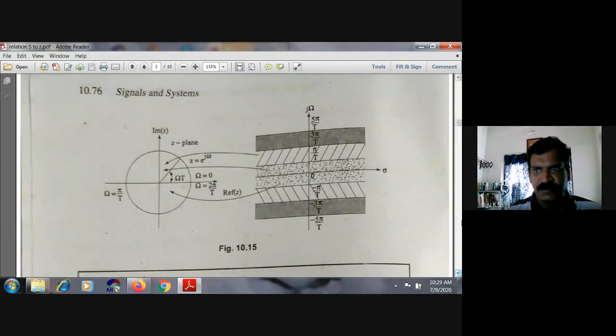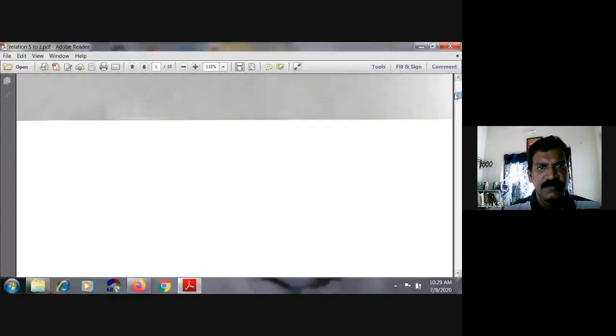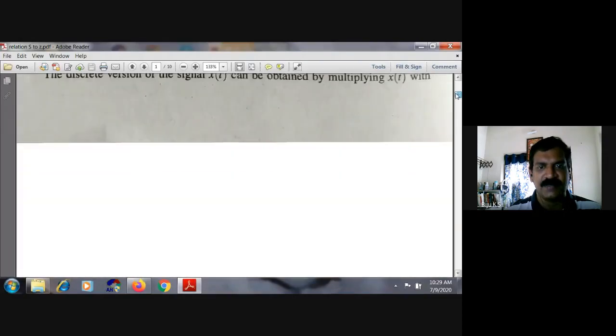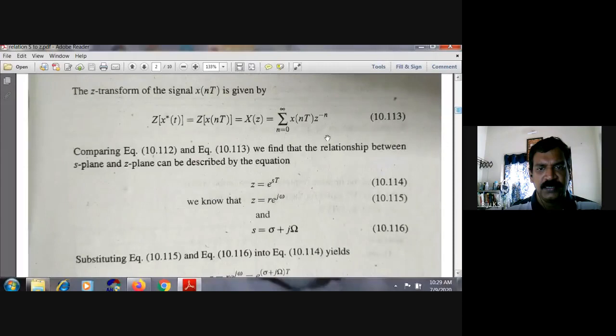Okay? So this is the relation between the S plane and Z plane. When you substitute, the relation is z is equal to e raised to st, and then you can convert from z domain to s domain.